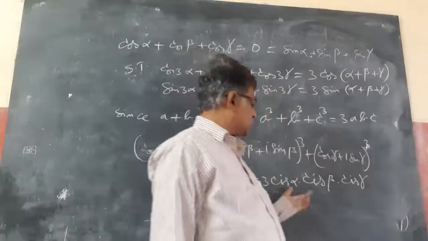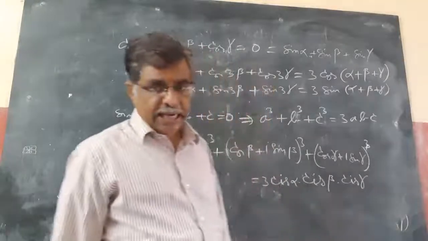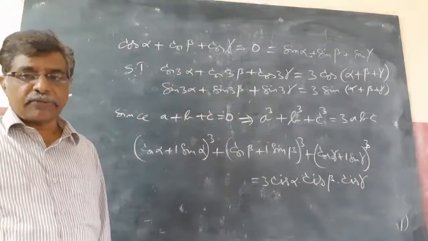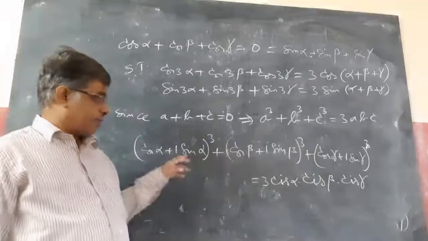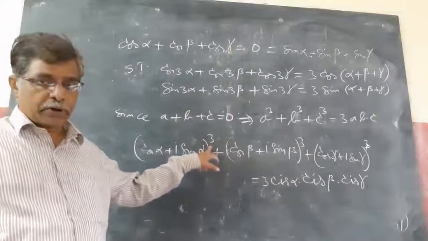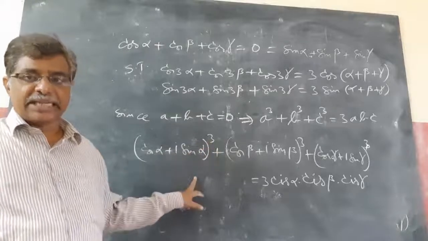Why I wrote like this is, I told you a formula: cis alpha into cis beta is cis of alpha plus beta. Now coming to here, according to De Moivre's theorem, cos alpha plus I sin alpha whole power n is cos n alpha plus I sin n alpha.